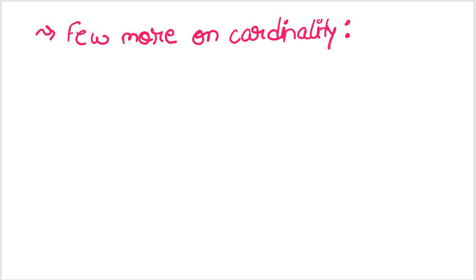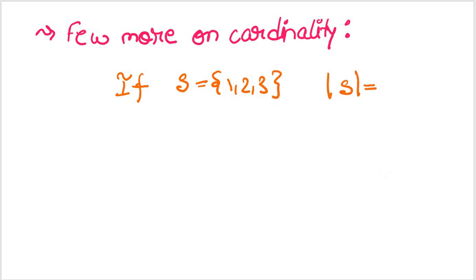So let's see whether I have taught this thing properly. If S is equals to {1, 2, 3}, then cardinality of it, which is mod S, will be equals to 3.